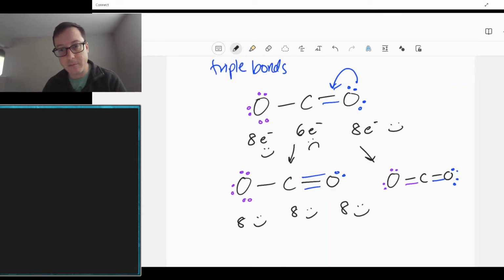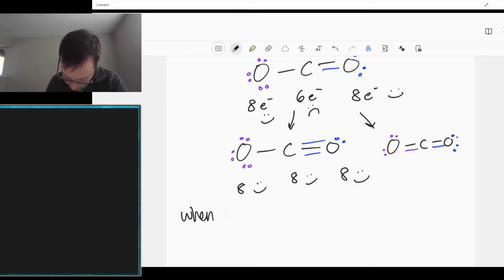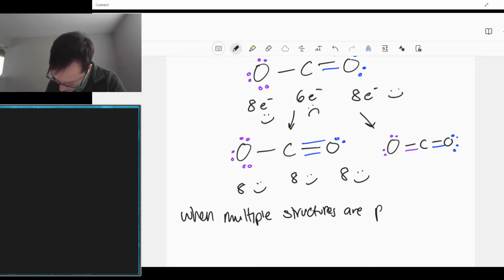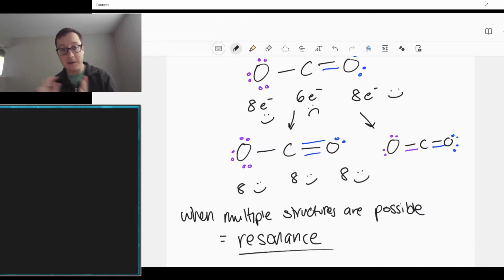When multiple structures are possible, this is a phenomenon known as resonance. We can distribute electrons in different ways. So we'll talk about resonance in a little bit. Let's talk about why one of these is better than the other.